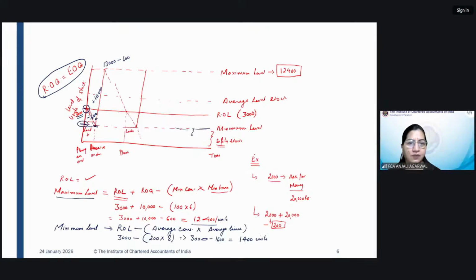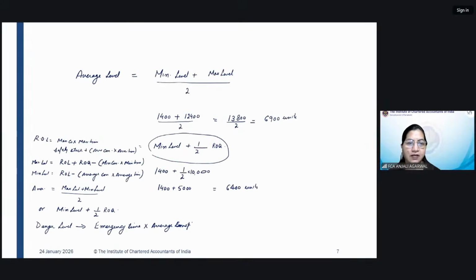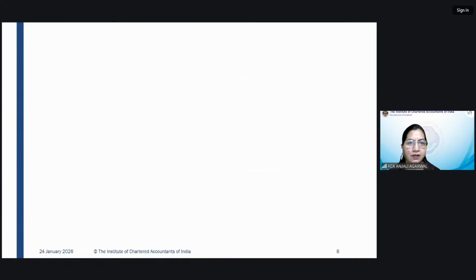So this was about reorder levels, how you calculate them and the logic for this, right? There is another concept like we talked about. Reorder level has two alternative formulas. One is maximum consumption into maximum time. And the second is, if you have safety stock, then you go by average consumption into average time.